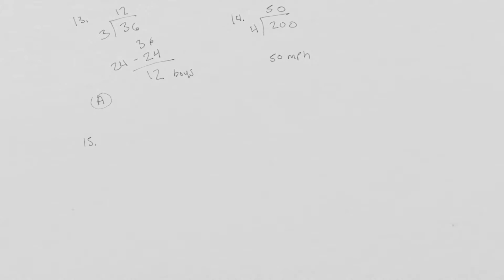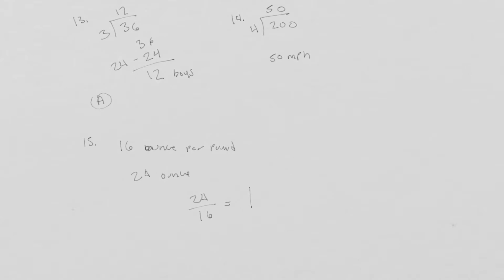So, 16 ounces per pound, 24 ounces, so 24 over 16 equals 1 and, let's see, 16 goes into 24 once, actually, I don't do that.